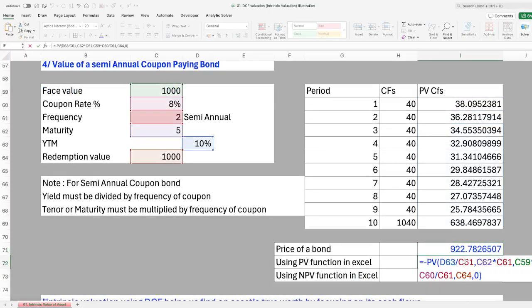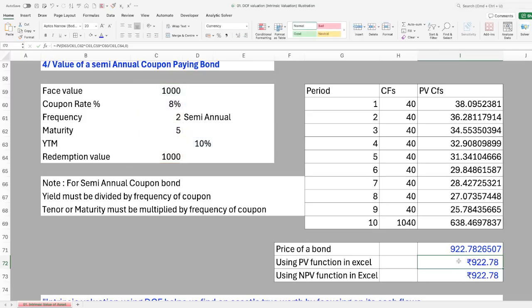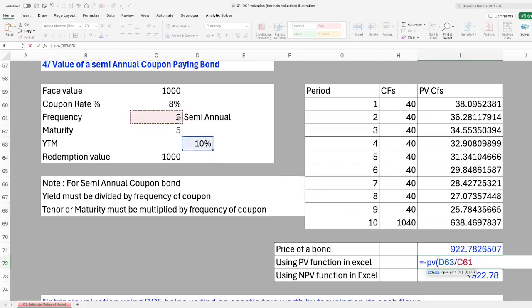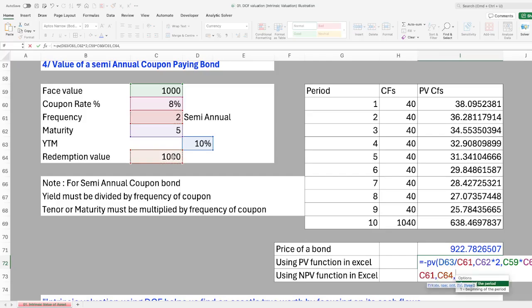We can also use a PV function, and again when you're using a PV function, you need to be careful: the yield has to be divided by the frequency, and the tenor has to be multiplied by the frequency, and the coupon has to be the semi-annual coupon, 1,000 into 8% divided by the frequency, comma the redemption value, comma 0.